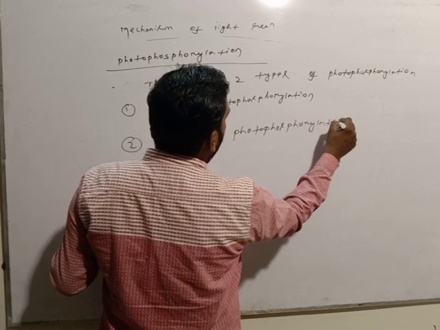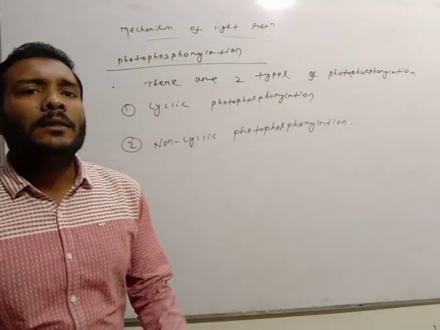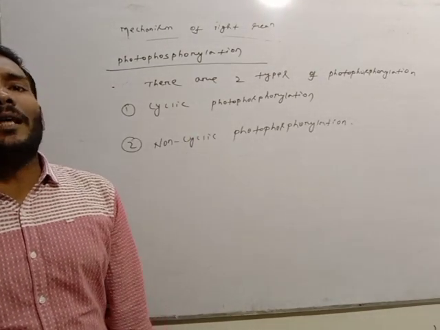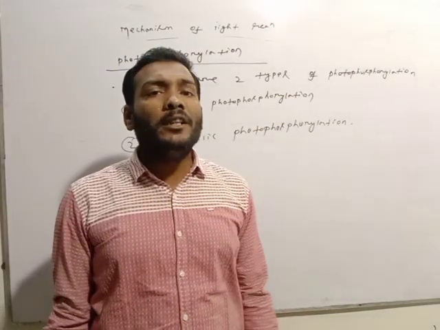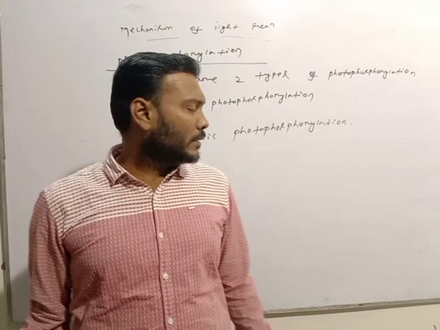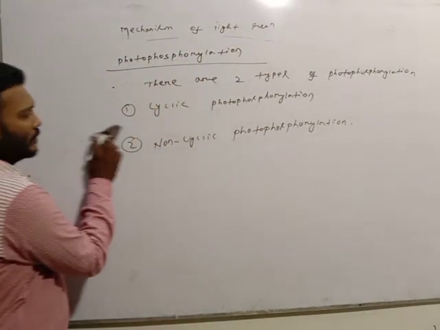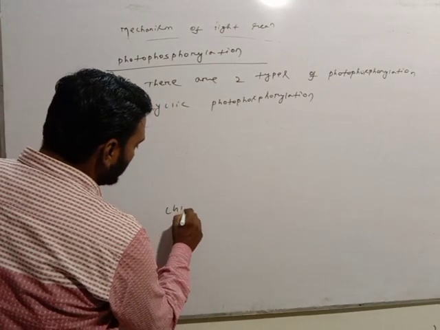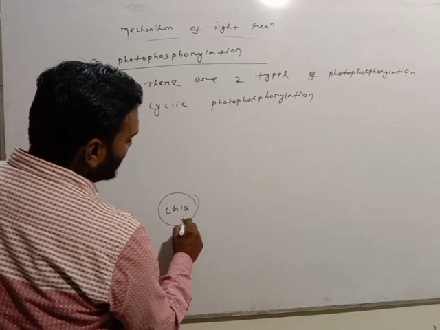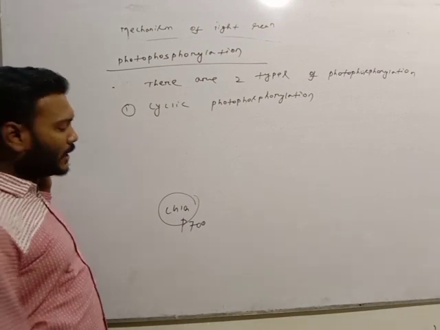As I already told you, the name cyclic means the movement of electron is cyclic, and the name non-cyclic means the movement of electron is non-cyclic. Okay? Then come to cyclic. First, what happened? Chlorophyll A molecule is present. The reaction center of cyclic photophosphorylation is P700.